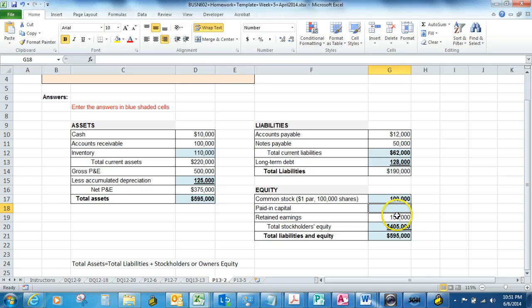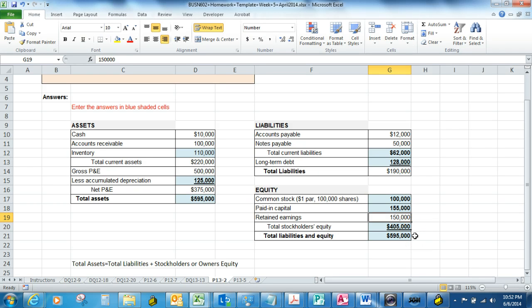So we've got 100,000 plus 150,000, and my total's got to be 405,000. So now I'm just going to subtract. So this is going to be equal to my 405 minus my 150 minus my 100,000. So my paid-in capital account is 155,000.